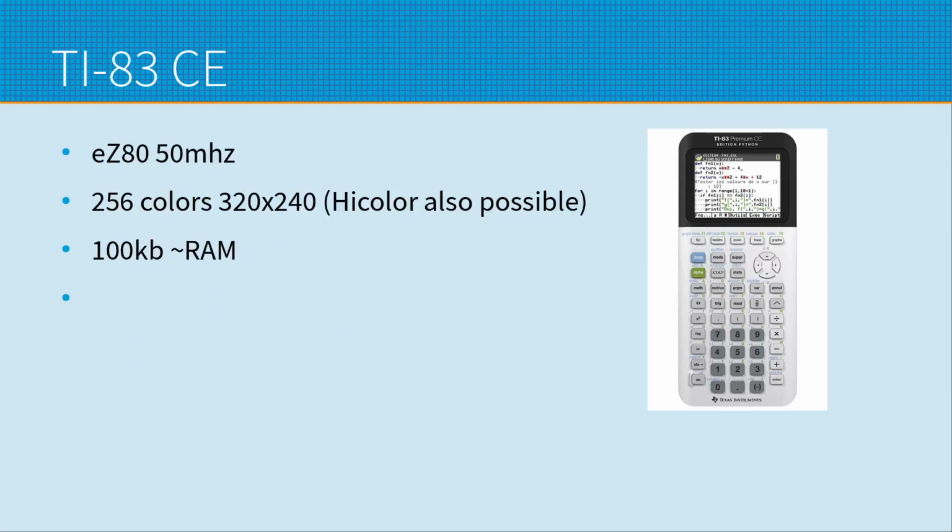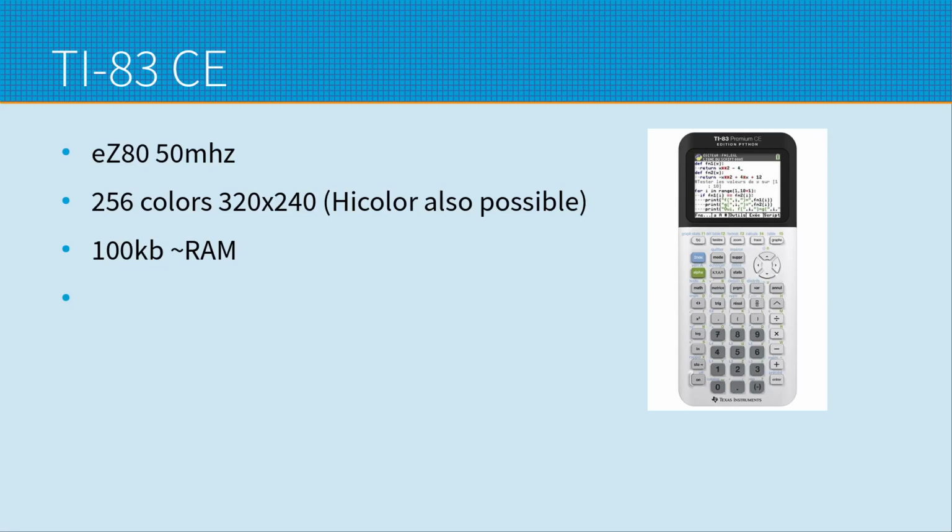So the next one is not actually a computer or a gaming console. It's the TI-83CE. This was the successor to the monochrome TI calculators, and it was the first device to use the so-called eZ80 processor clocked at 50 megahertz.